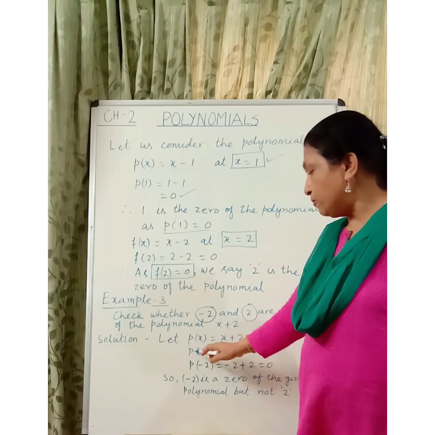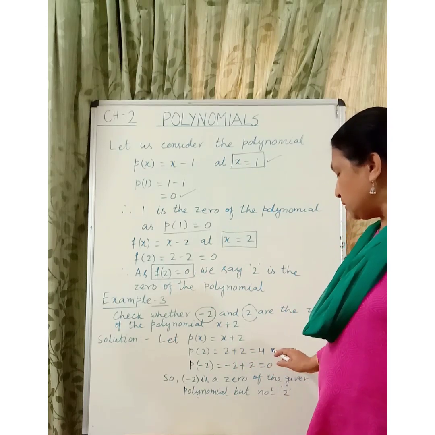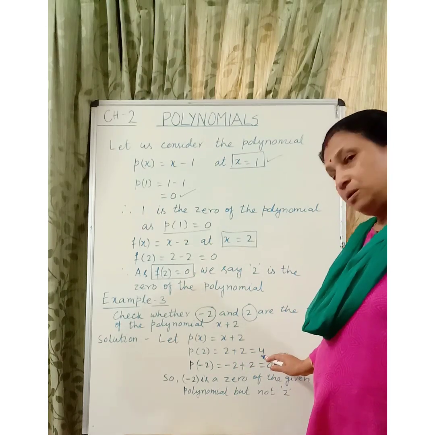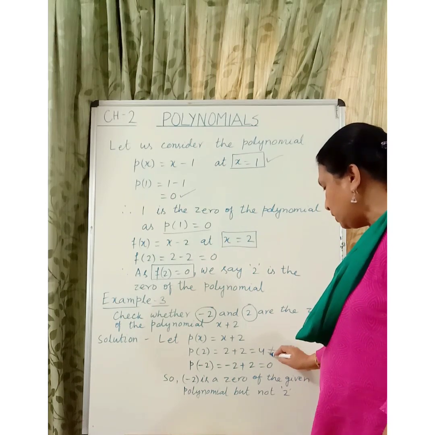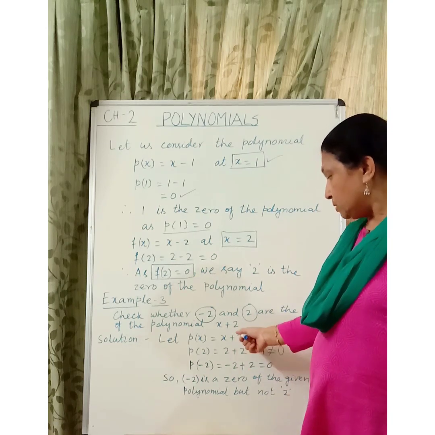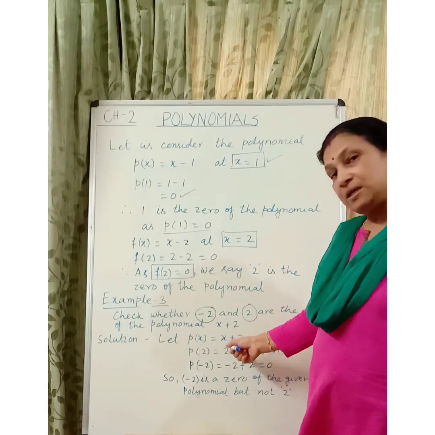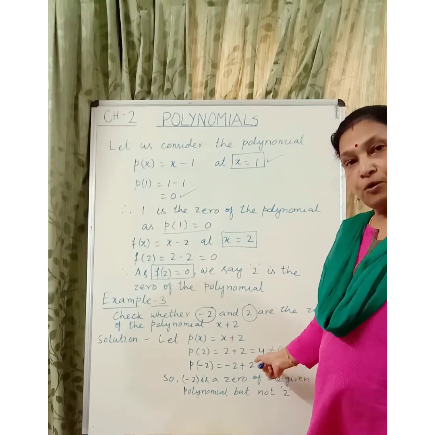Now p of 2 is equal to 2 plus 2, which is equal to 4. Is it 0? The value of the polynomial is not equal to 0. Then will 2 be the 0 of the polynomial? No. So this is not the 0 of the polynomial.